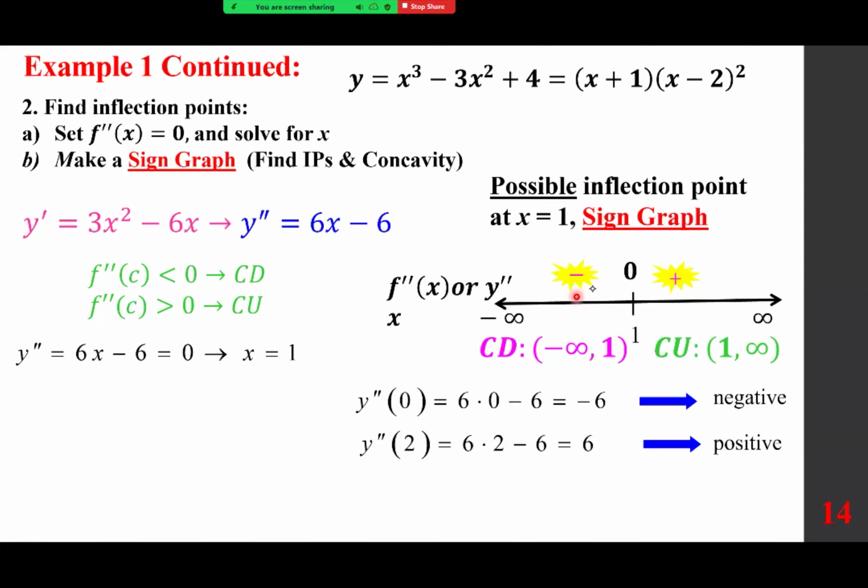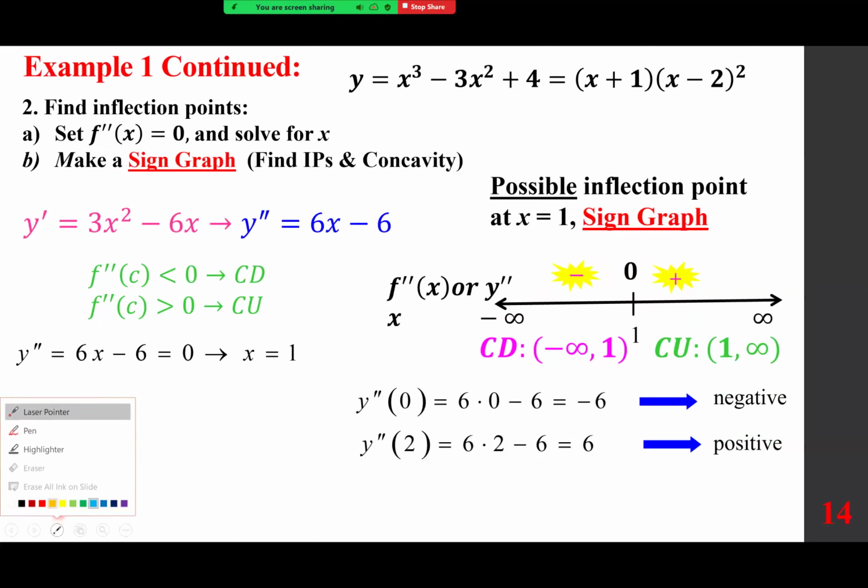Because of the change, whether it goes from negative to positive or positive to negative makes no difference, x equals 1 is the location of an inflection point. So what would be the y coordinate? Plug it back in.